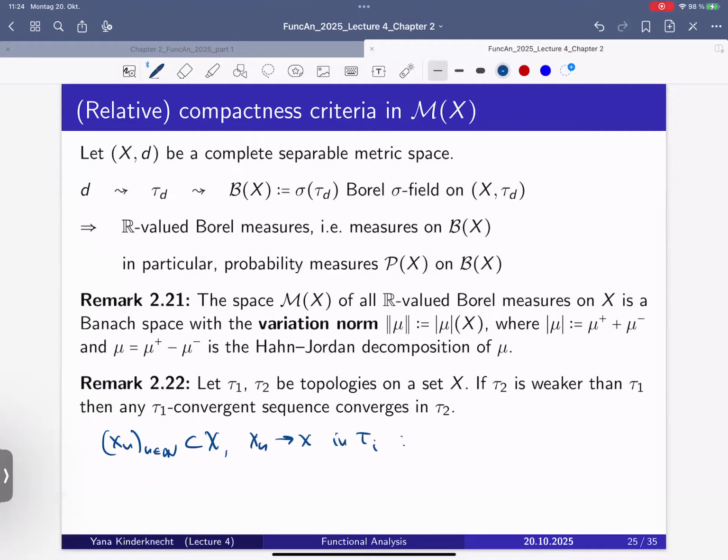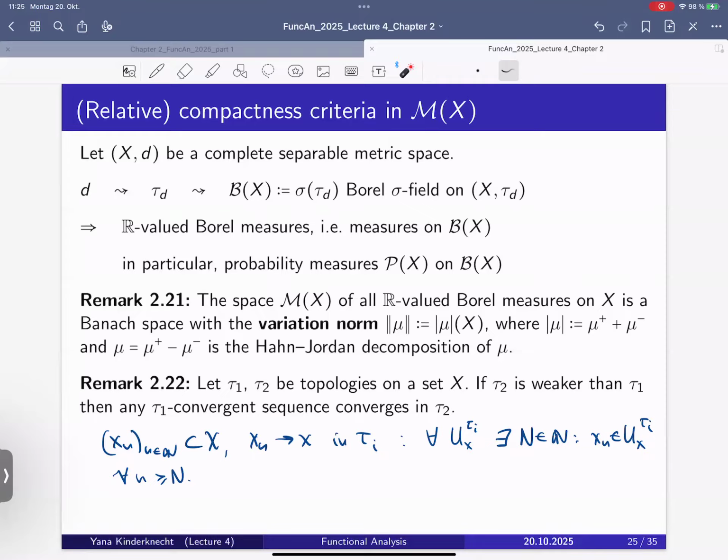What does it mean? This means that for any open neighborhood Ux of the point x in the given topology, there exists a natural number n such that all xn belong to this neighborhood of x starting from this point. So for any given open neighborhood of this point x, we find the number starting from which the whole tail of the sequence lives in this neighborhood.